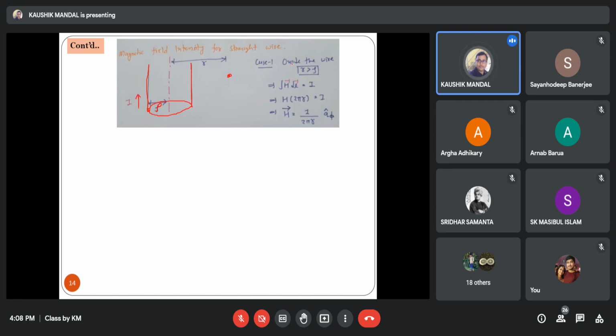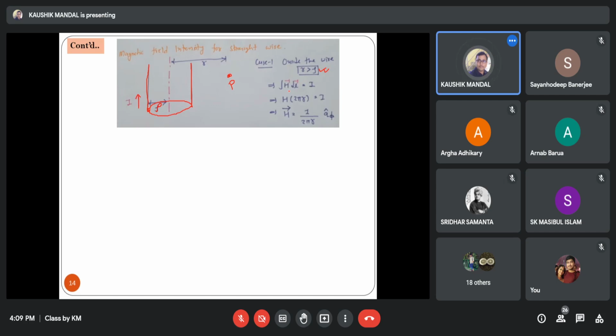So first we are considering that the test point P is outside the cylindrical conductor, and the distance from the center of this conductor is r. That means r is greater than rho. This is the situation outside the wire, r greater than rho.